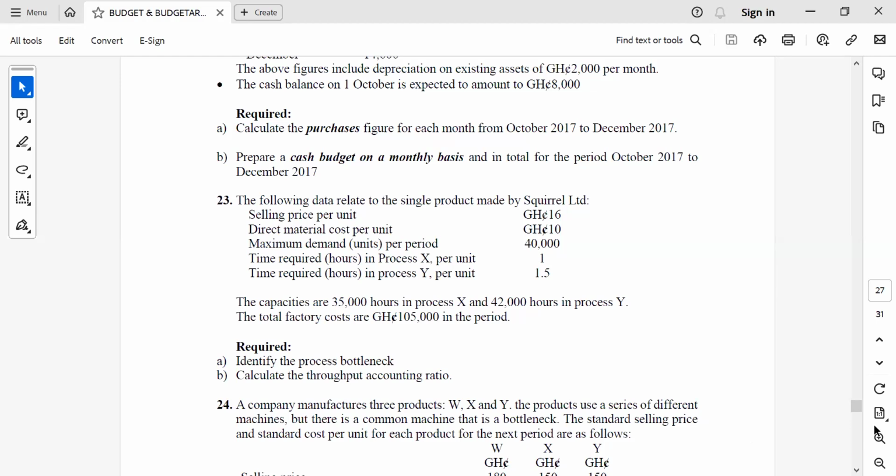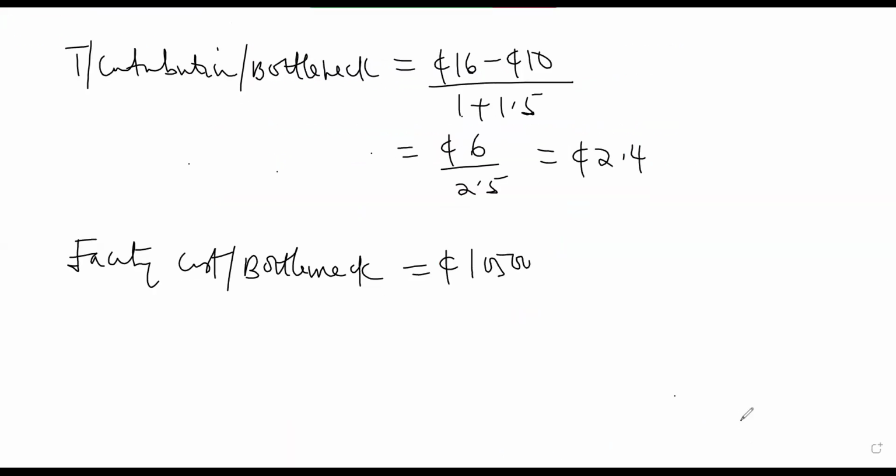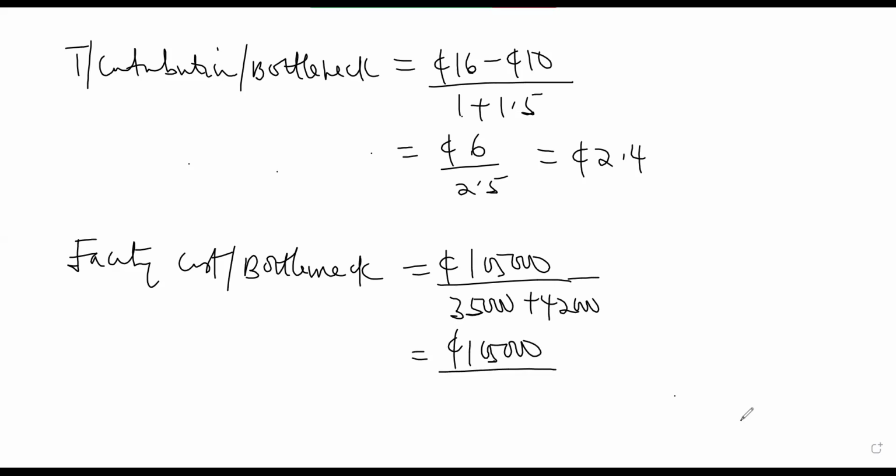It is the material that gives us the revenue, not the process. So 105,000 divided by what will be the total hours? Would that be 35,000 plus 42,000? So that will be 105,000 divided by 77,000.